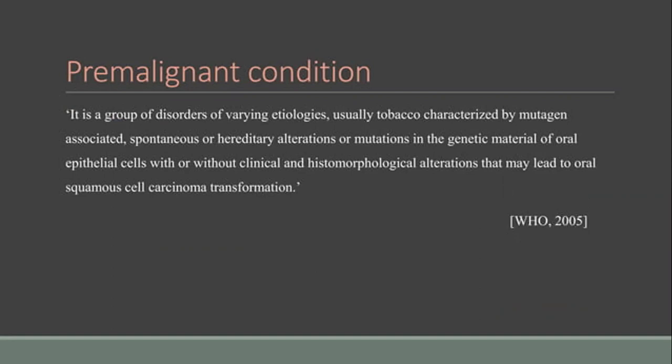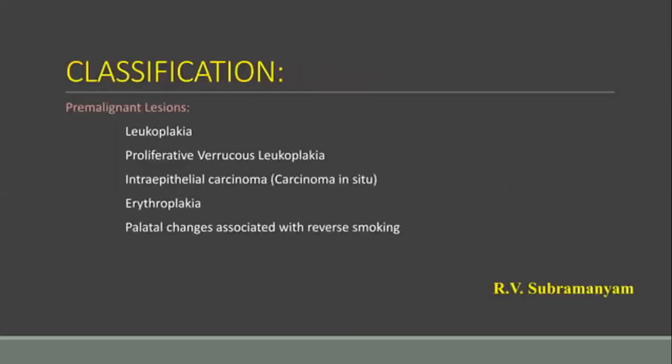It is a group of disorders of varying etiologies, usually tobacco, characterized by mutagen-associated, spontaneous, or hereditary alterations or mutations in the genetic material of oral epithelial cells, with or without clinical and histomorphological alterations that may lead to oral squamous cell carcinoma transformation. And let's move to the classification.